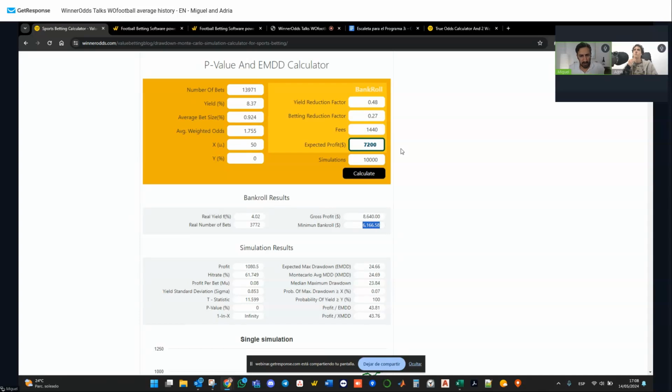Even with constant bankroll, with this initial bankroll, you can get more or less double your bankroll after 1 year, even with this yield reduction and betting reduction factor. I always recommend that if you know someone that follows a tipster, ask about how many bets they place, how much value they lose, so that you can have an idea, because this influences a lot your required bankroll.